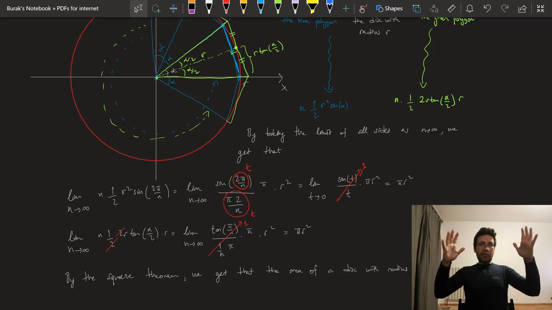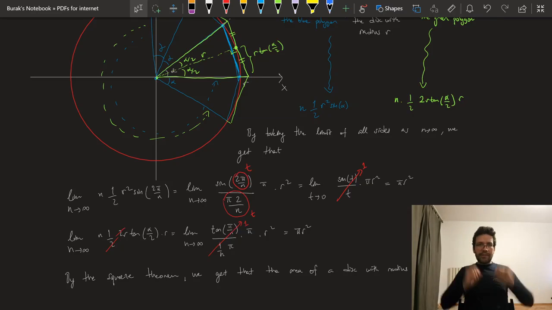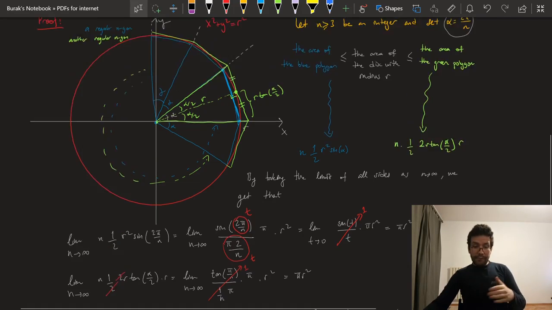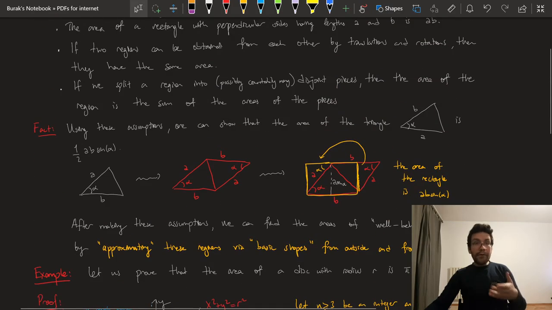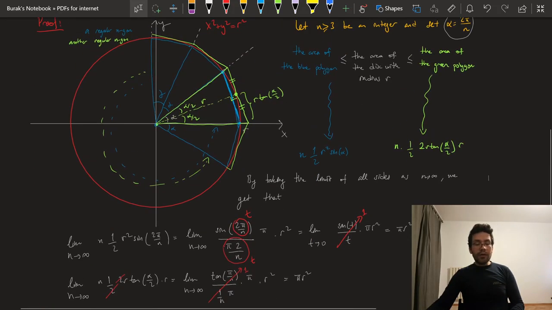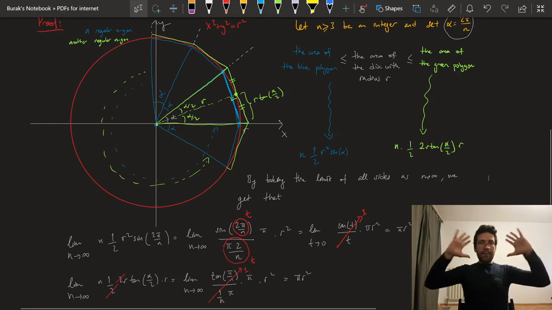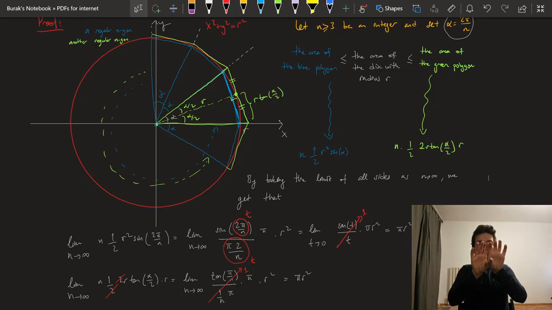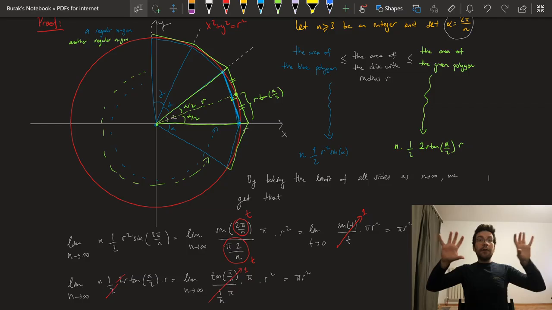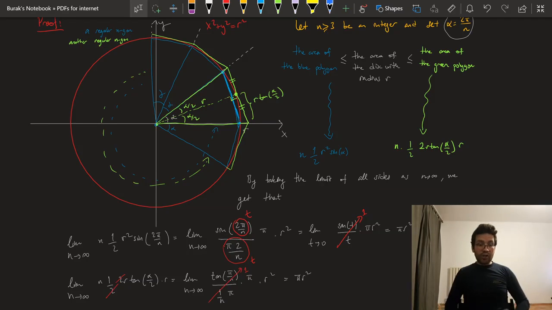We had a shape, we had a region, and we had our basic shapes, which are in this case triangles. Before starting this, we first computed the areas of these basic shapes, these triangles. Then we approximate the big shape from within and from outside via these basic shapes.